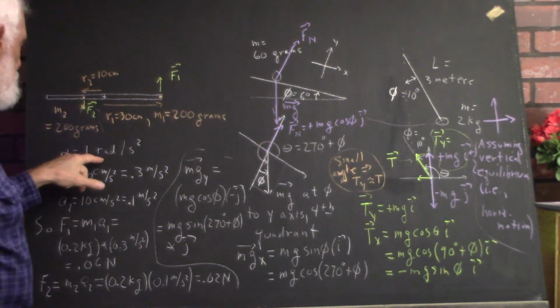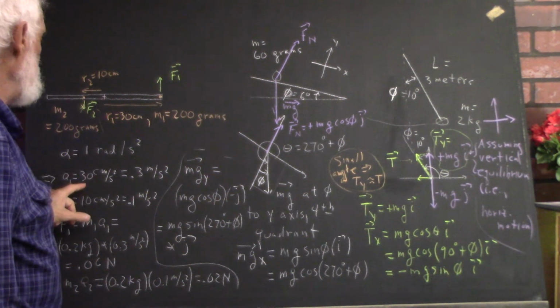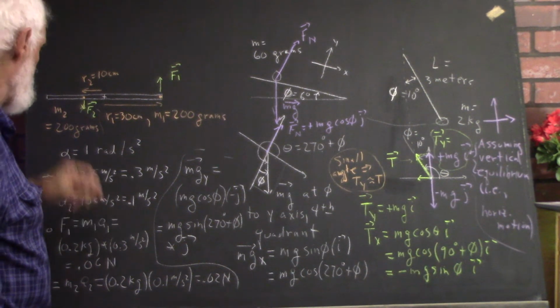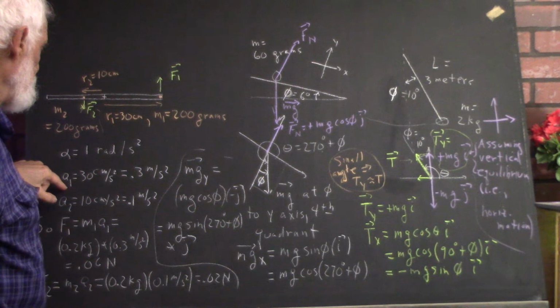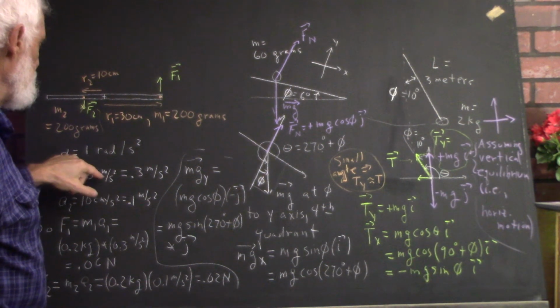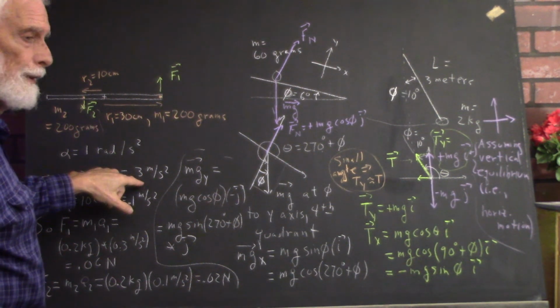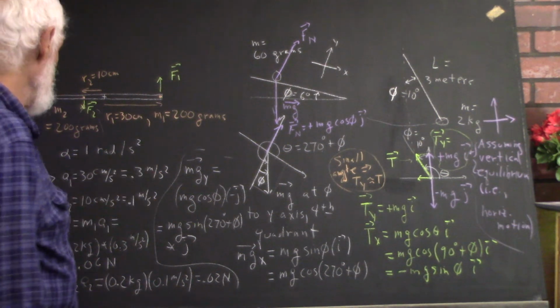So a radian per second squared becomes a radius per second squared. So the mass M1 has acceleration A1, which is 30 centimeters per second squared, equal to 0.3 meters per second squared.